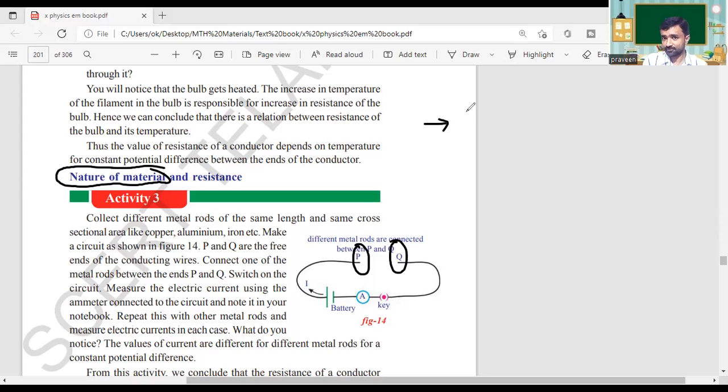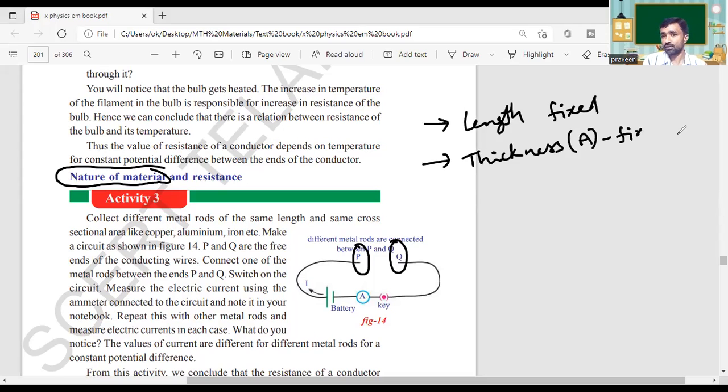Length fixed for any metal, thickness, cross sectional area also fixed, temperature fixed. These are the conditions you need to follow.